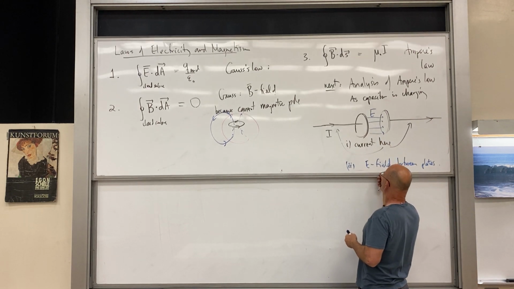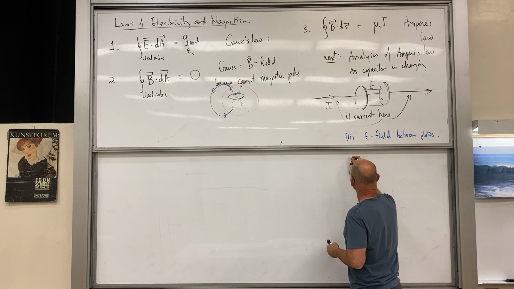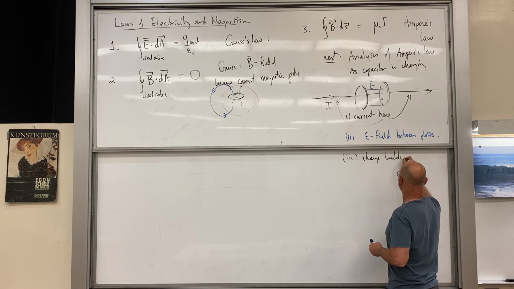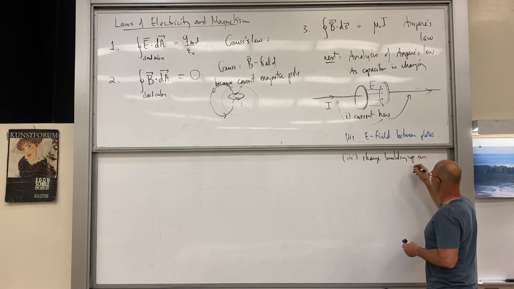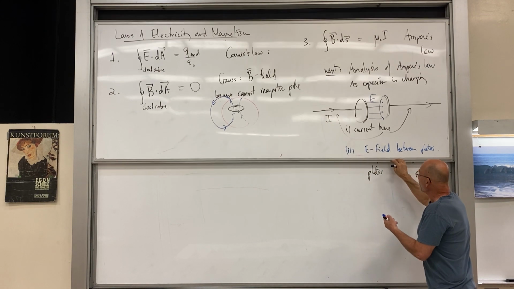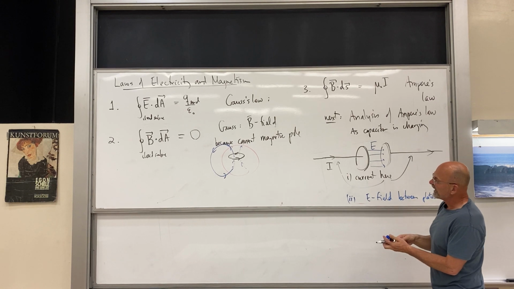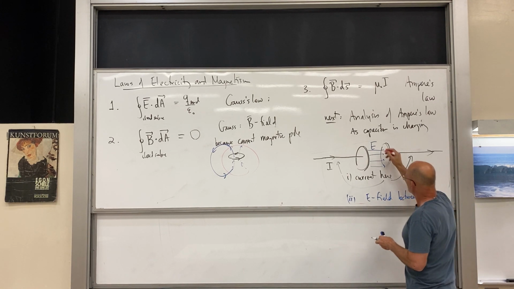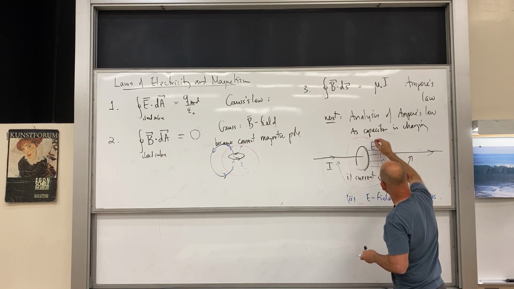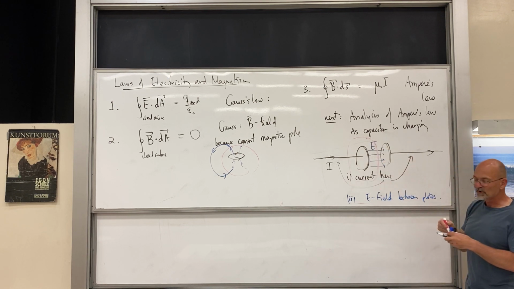I'll put that as part 3. Charge is building up on the plates. So what we're going to have here, just as with Gauss's law, is an electric flux through this surface here, through the red surface.